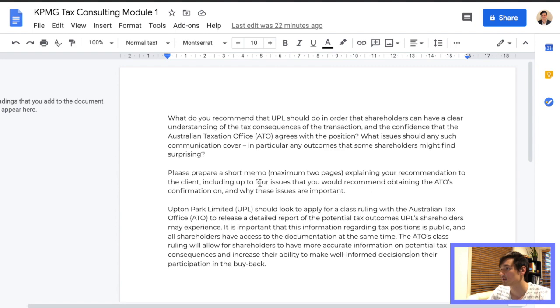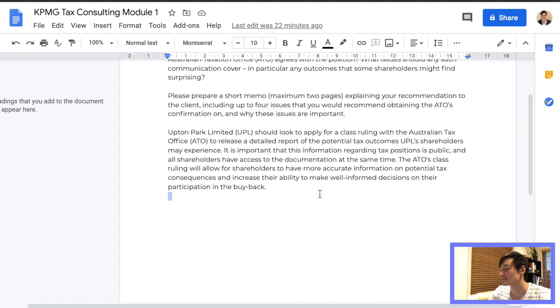We're looking at 4 issues. That's going to be the next thing. I'm going to call them whatever they told us to. Key issues, ATO's confirmation.